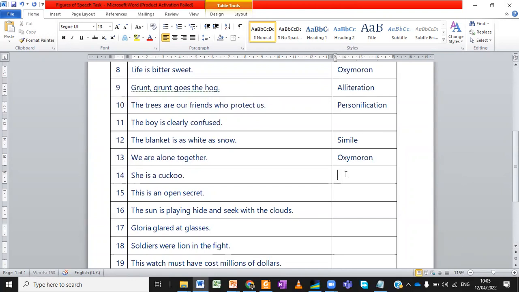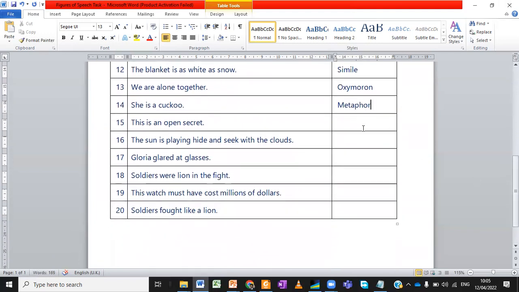Number 14. This is an animal. Metaphor. Very correct. Metaphor. Comparing without the use of as or like. 15.